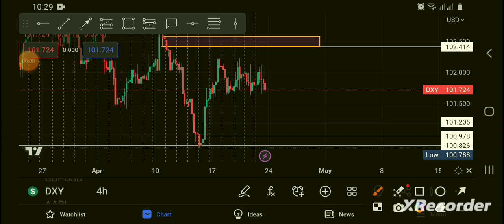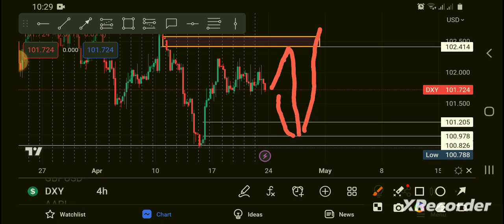Either price could drop and tap into this zone before buying, or price could go up, tap into this zone before selling. But now the most likely scenario I'm looking at is that price would likely drop.